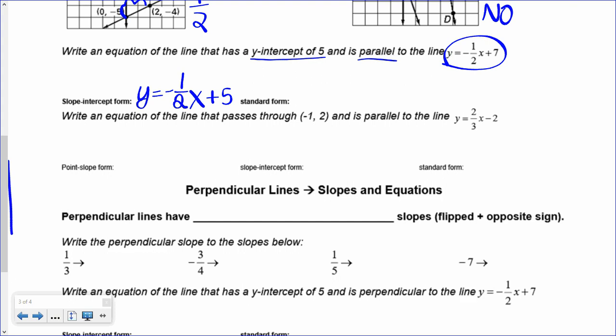All right, now I want it to be in standard form. So remember, standard form is when you have the x term, then the y term equals, and then the constant without the variable. So I need the x to be on the other side of the equation now. It's negative already. So I'm going to add it over to the other side. I'm going to show my work up here.